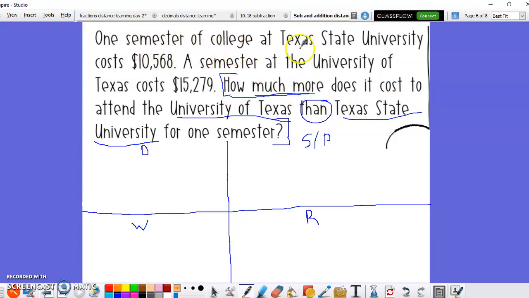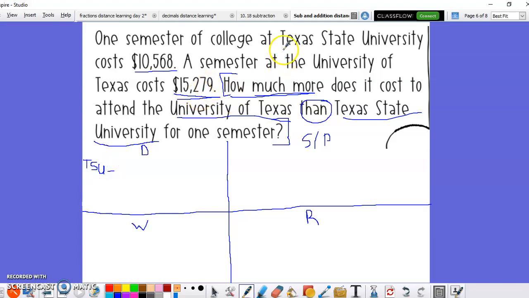One semester at Texas State University. So Texas State University costs $10,568. And one semester at University of Texas is $15,279, excuse me. So I'm going to put my data here. I'm going to put Texas State University.